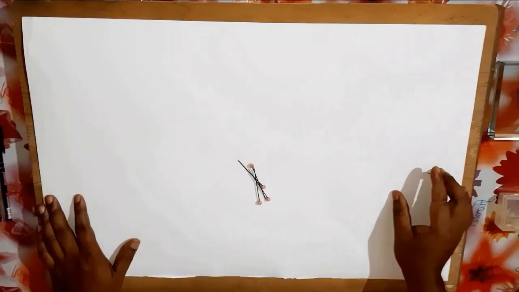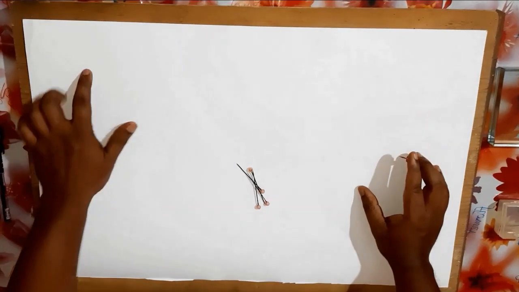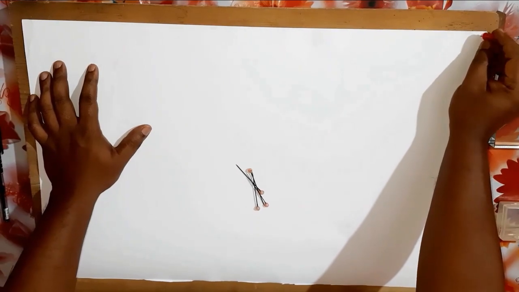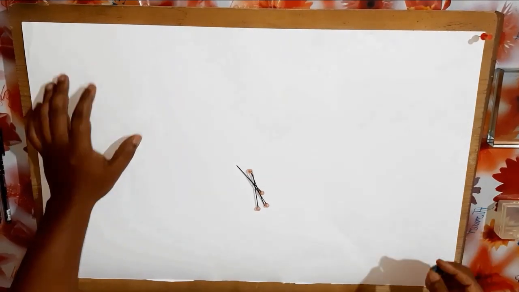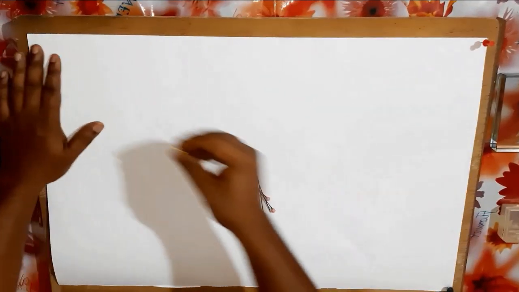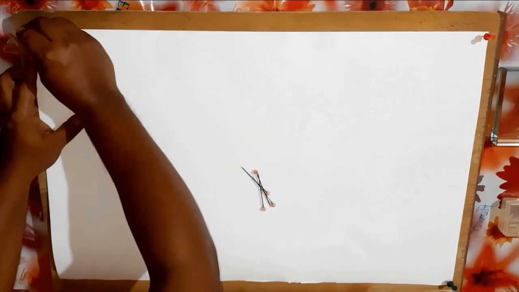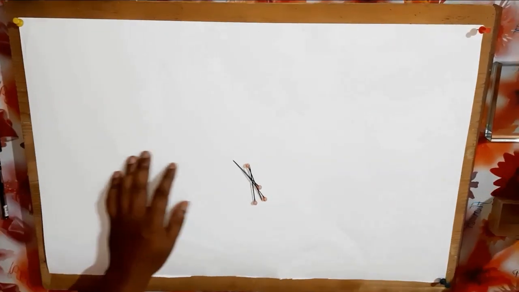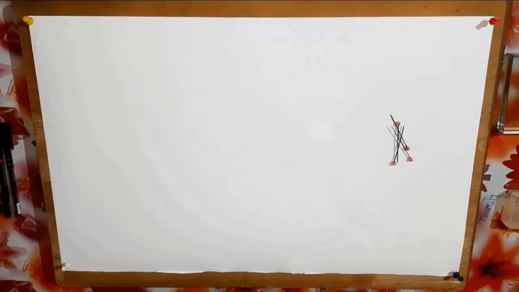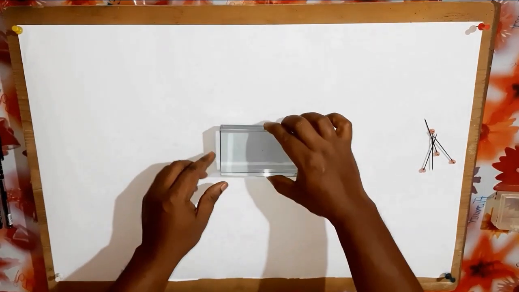Clear? First I will fix this white sheet of paper on this drawing board. At the four corners I am putting the board pins. Tightly we have to fix it. After that, we have to draw the outline of this glass slab.